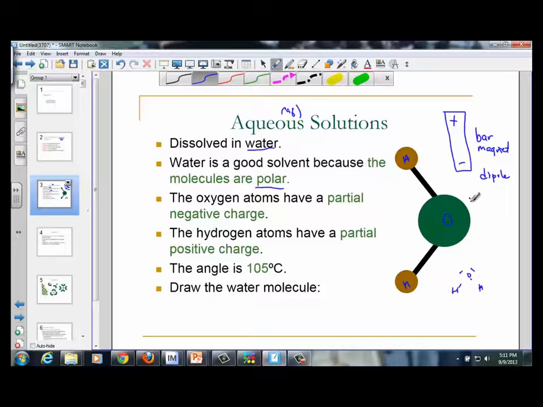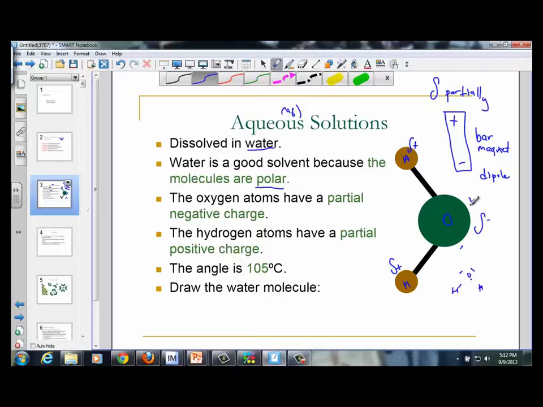This region on the oxygen is partially negative. The region on the hydrogen is left partially positive. What I'm drawing is a little Greek symbol, a little squiggly S, that represents visually the term partial. It is partially positive and partially negative.